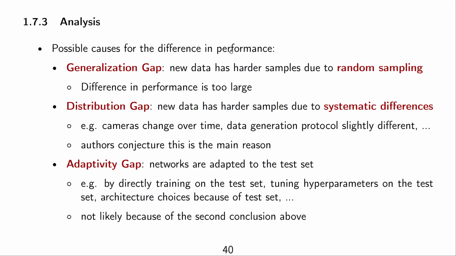And the last one, and this is the really interesting question that is asked here, is the adaptivity gap to blame? And what is the adaptivity gap? That is maybe that these networks are, for subtle or not so subtle reasons, adapted to the test set.